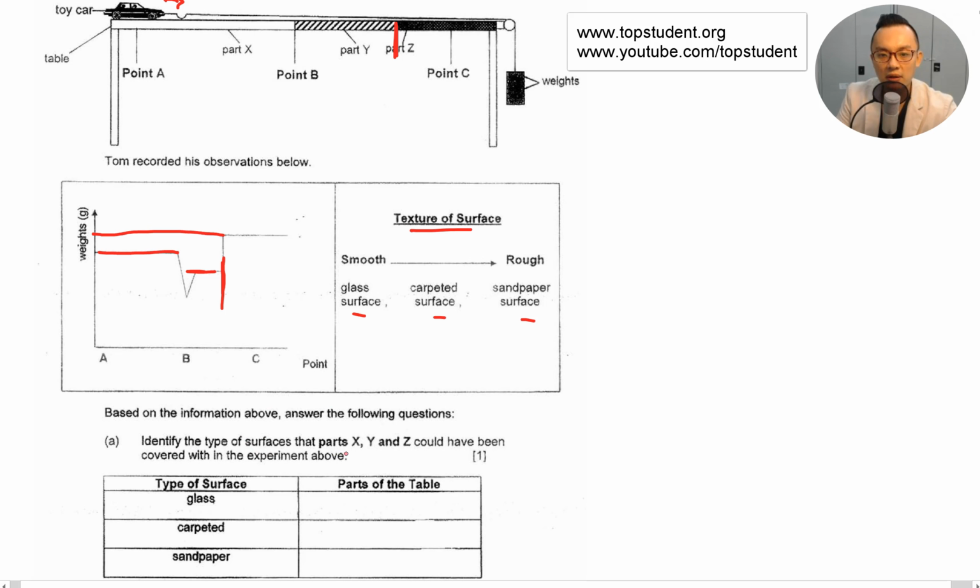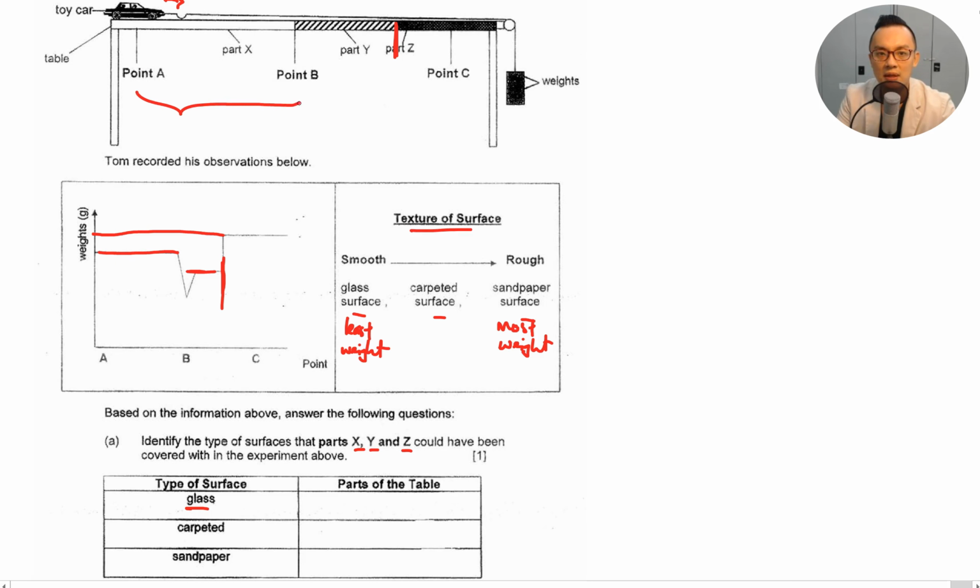Important thing, they're looking for part X, Y, and Z. So type of surface, glass is the smoother, so therefore glass will need the least weight, and sandpaper is the roughest, and they will need the most weight. Least weight is from A to B, therefore part X is the least weight.